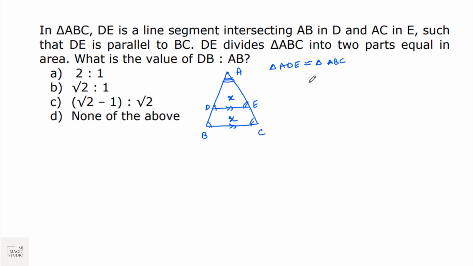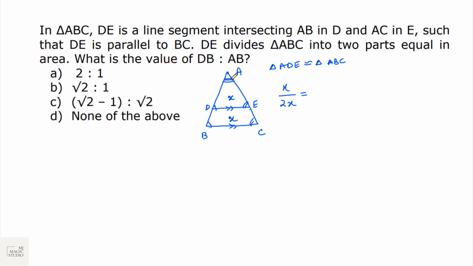In case of similar triangles, area of ADE divided by area of ABC is equal to the duplicate ratio of any common side. Any common side means side which is opposite to the common angle.